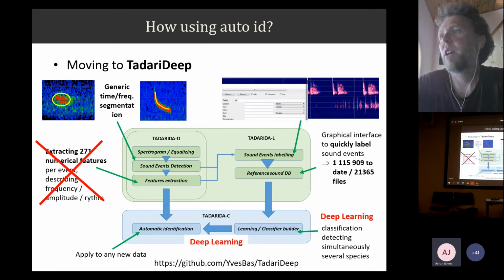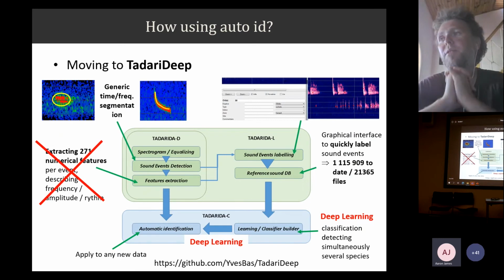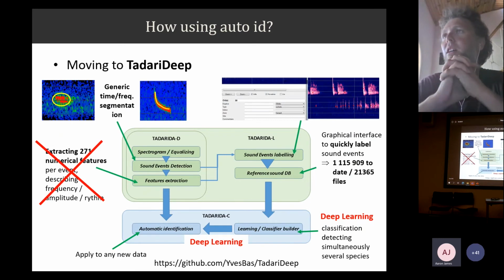We are now involved in the development, like many of you, of the use of deep learning, not for bats, but for the audible range, because we are also recording quite regularly nocturnal birds, frogs, and other insects like ground crickets.